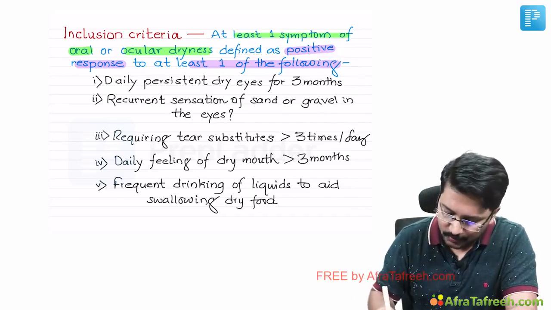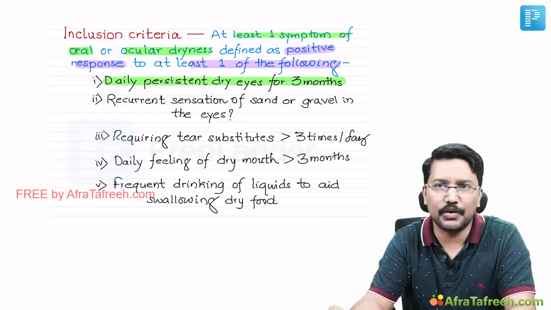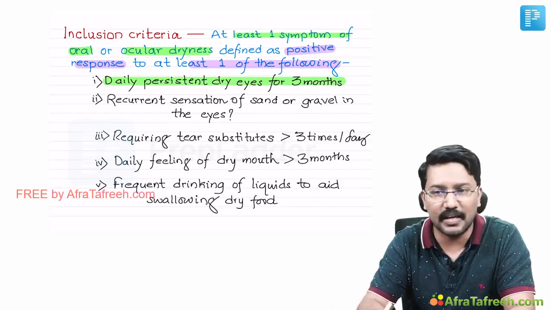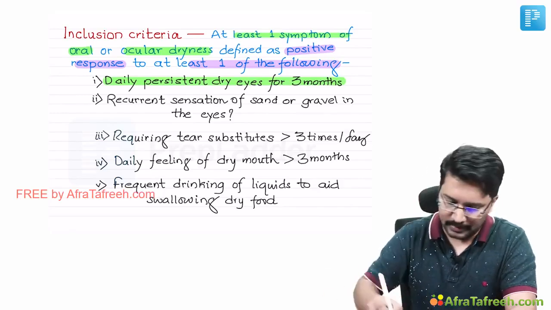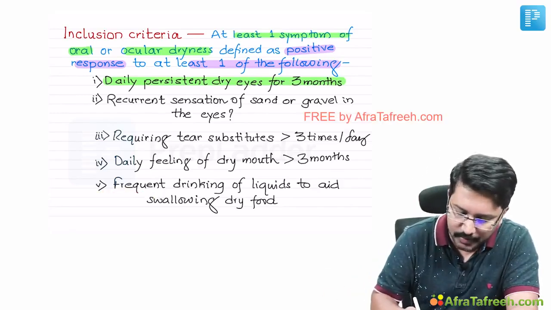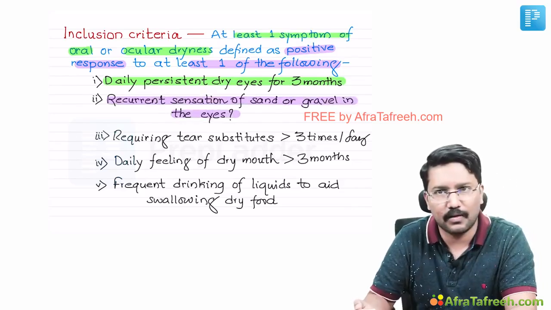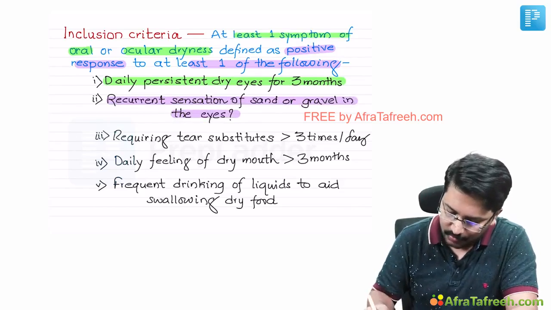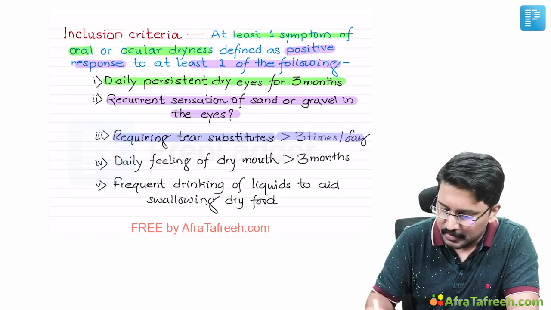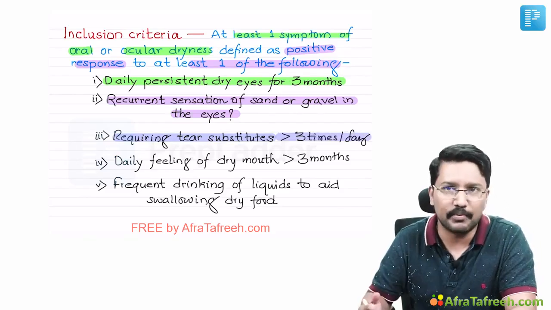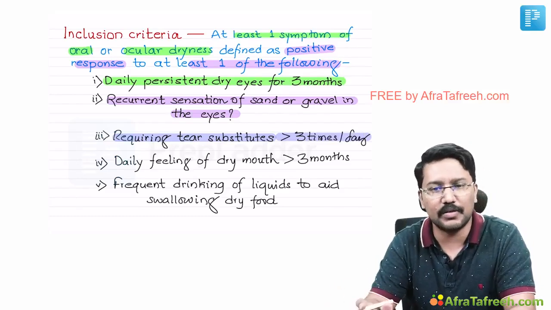So what are these questions? Daily persistent dry eyes for 3 months. So we will ask the patient, do you have persistent dry eyes daily for the last 3 months? Yes. Well, the inclusion criteria is satisfied. Similarly, we will also ask if the patient has recurrent sensation of sand or gravel in the eyes, right? The third question is also about the eye, requiring tear substitutes more than 3 times a day, right? To feel comfortable, if the patient is requiring artificial tears more than 3 times a day.